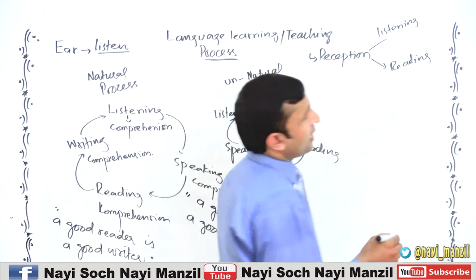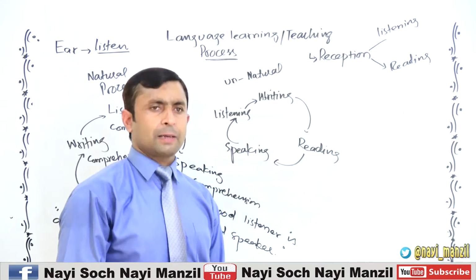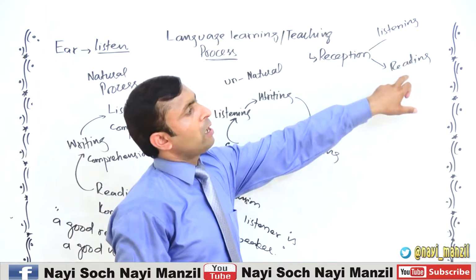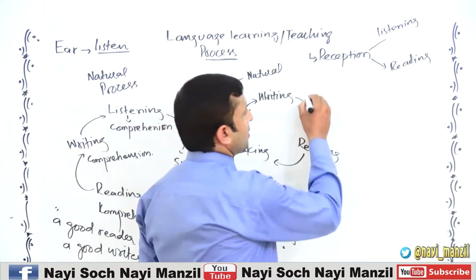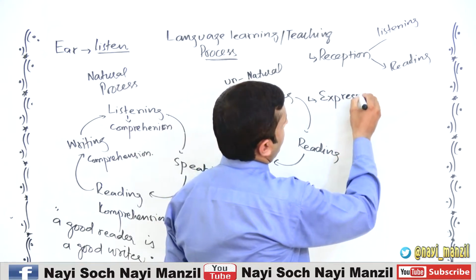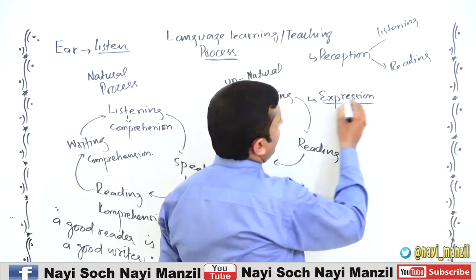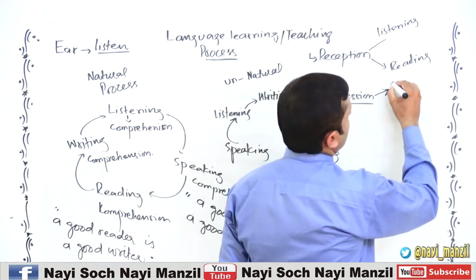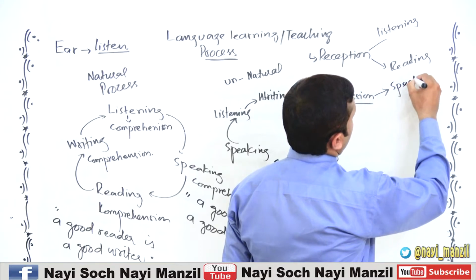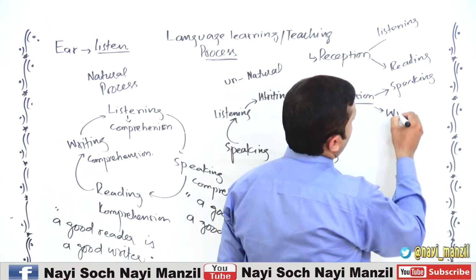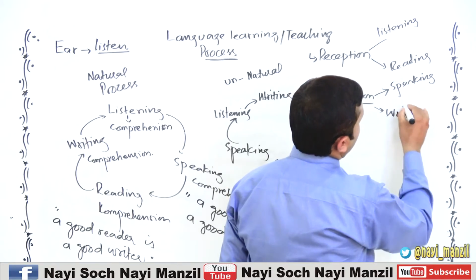These both are related to the reception phase. While listening, we receive, and while reading, we receive. And after that, there is expression. As far as expression is concerned, there is speaking, the outcome of listening, and writing, the outcome of reading.